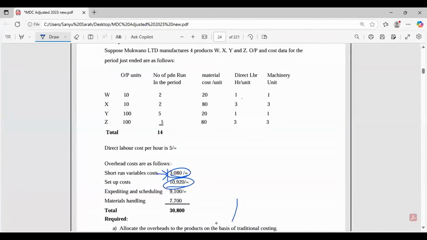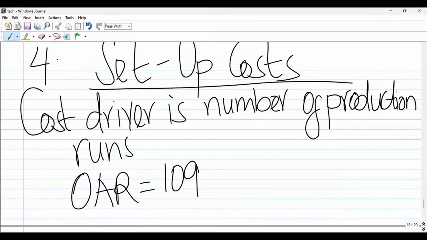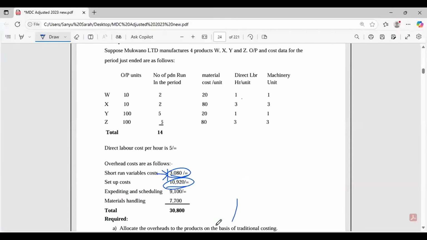So we get 10,920 divided by the total cost driver. Remember, your cost driver is number of production runs, so we need the total for the production runs. Go back to the question. They have told us the number of production runs in the period, the total is 14.